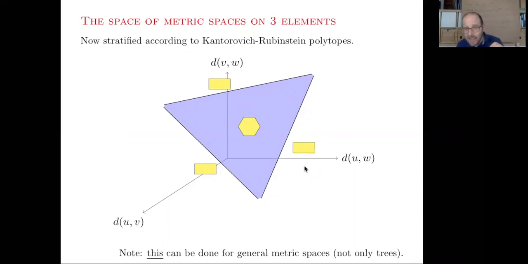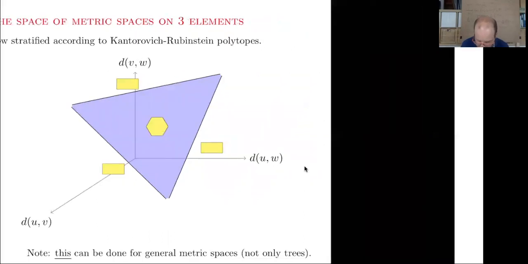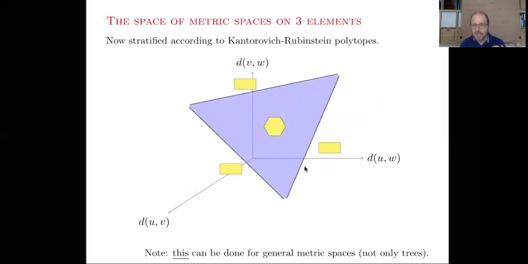So that polyhedral complex, the stratification, should give me a good model of the space of metric spaces that are not necessarily trees. And the ultimate goal is to use this as a space on which to do statistical modeling, as people do nowadays on the space of phylogenetic trees. Okay? We can go to the question later.